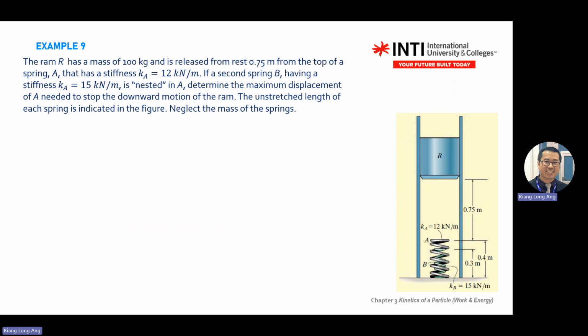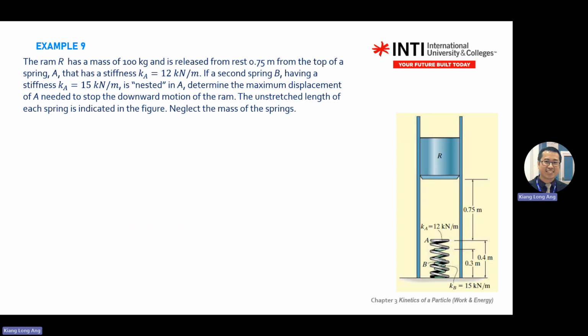With stiffness k for A there. If the second spring stays within the spring, it means you have an absorber, like the car absorber principle. We have two springs, one is spring A, one is spring B. Spring B is coiled inside, so you have a two-spring system.